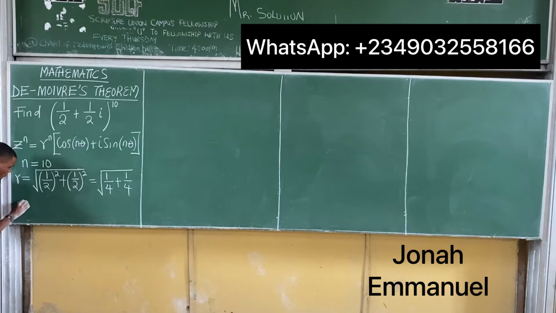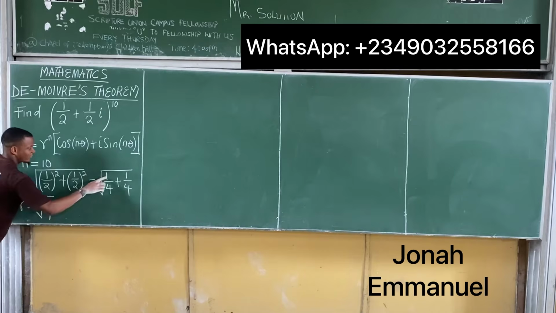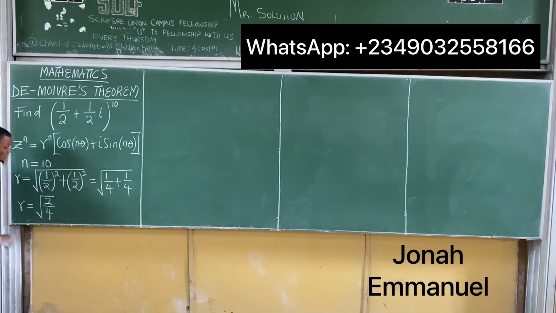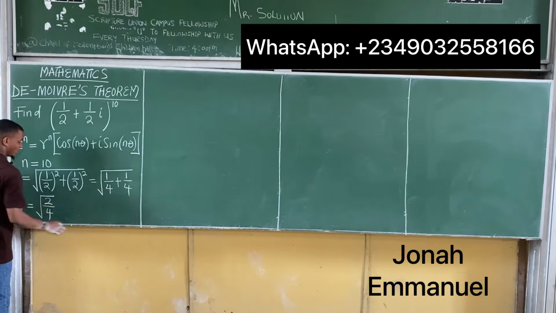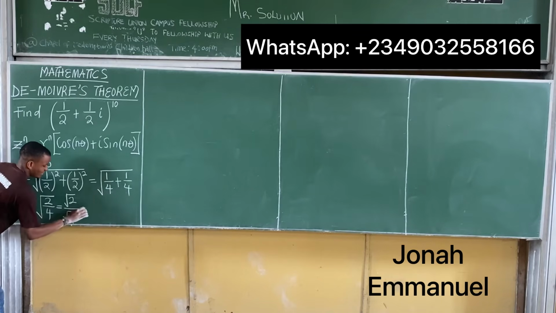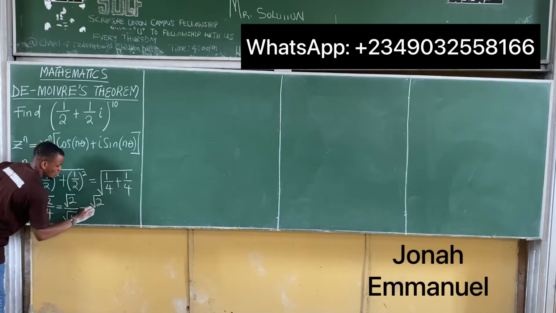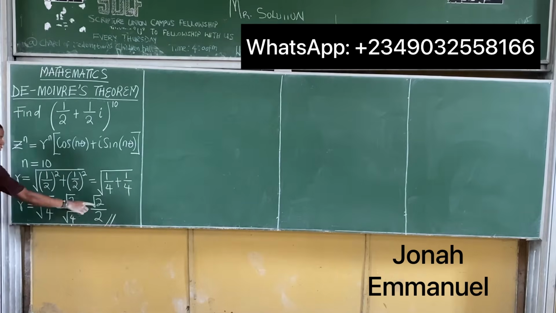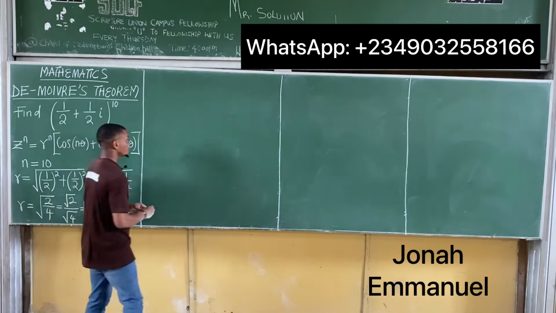So r is equal to the square root of, same denominator, 4, and I simply add up the numerators: 1 plus 1 gives me 2. So 1 over 4 plus 1 over 4 is 2 over 4. In short form, this is root 2 all over root 4, and root 4 is 2. So r is equal to root 2 over 2.